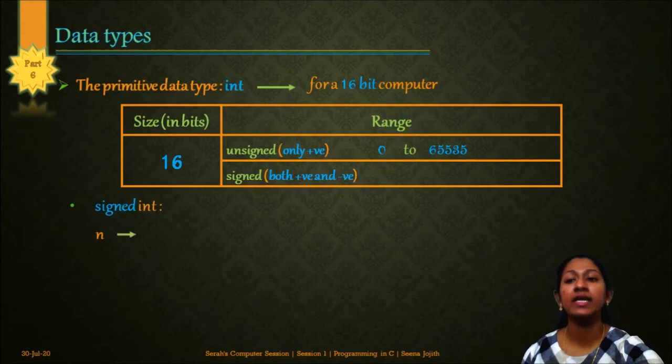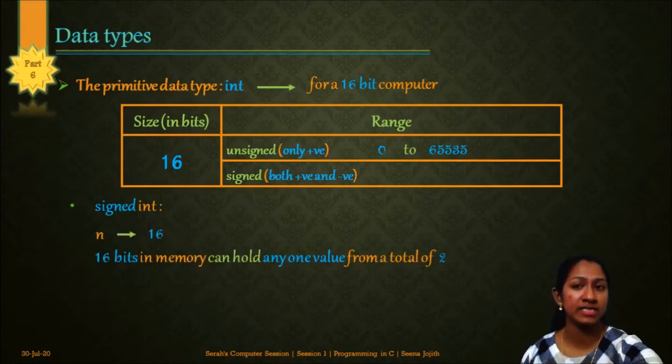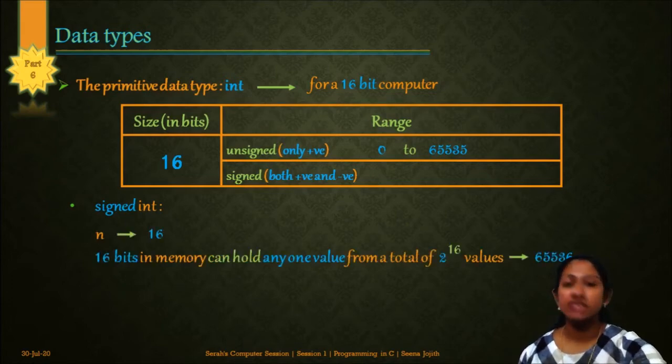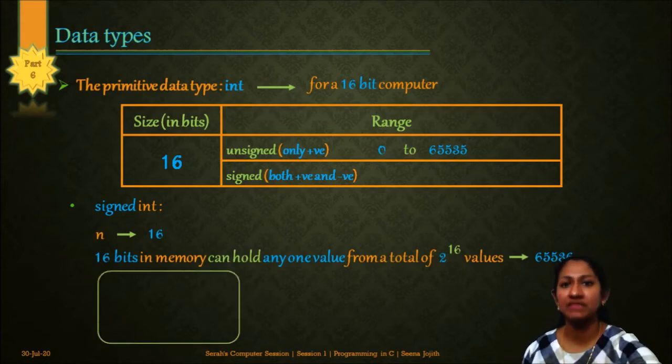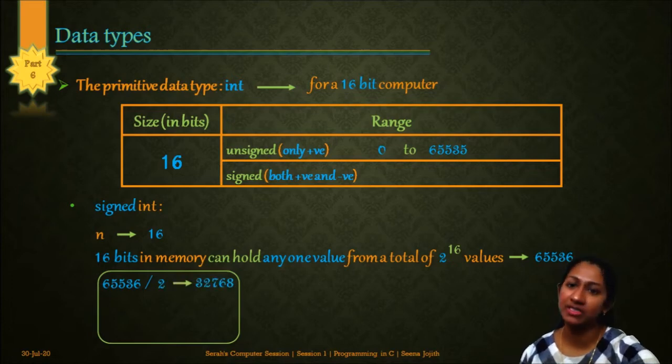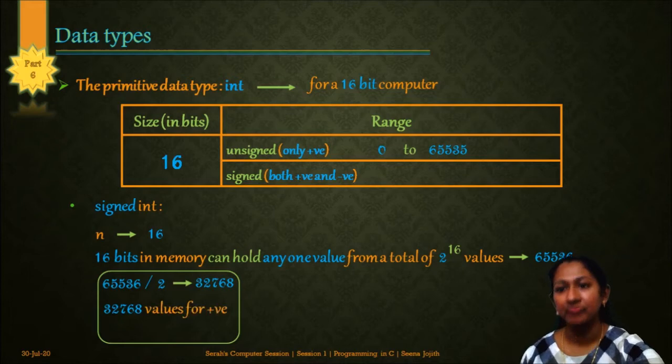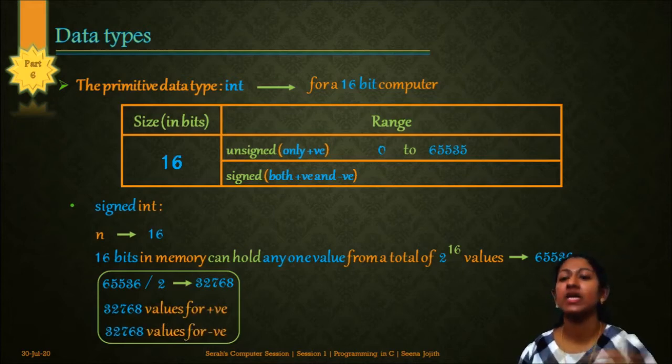Let's see how the signed range comes. For the signed int, if n is 16, you get 2 raised to 16 as 65,536, and because you have to give equal provision for positive and negative numbers, you divide this by 2. When you divide, you get 32,768. So 32,768 values for positive and 32,768 values for negative.